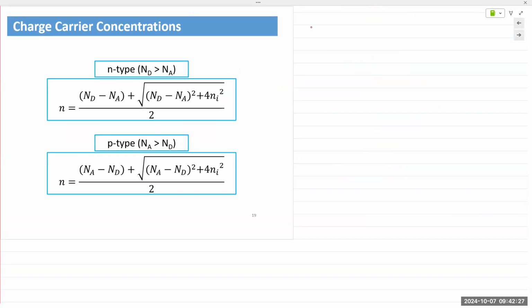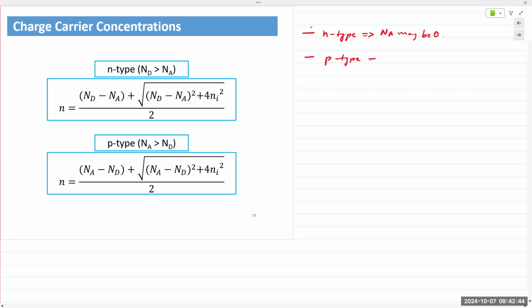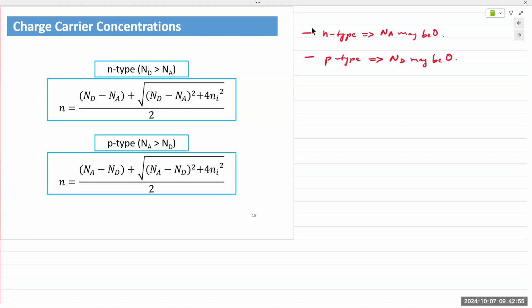Now, in an N-type material, it is possible that NA may be 0, and in a P-type material, it is possible that ND may be 0. Regardless, this equation would work for most cases. For the most part, this equation would work.